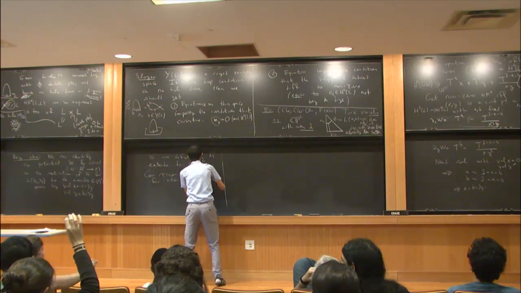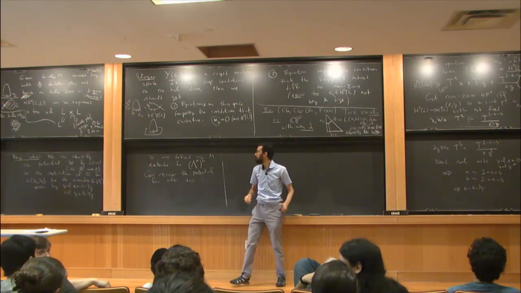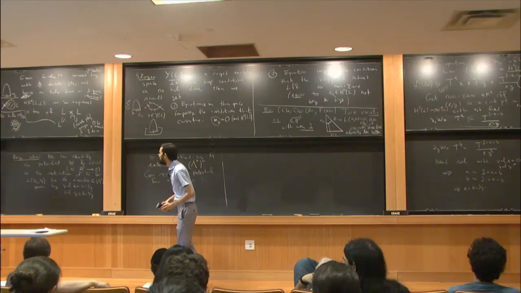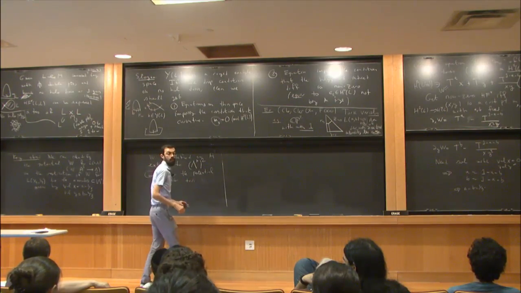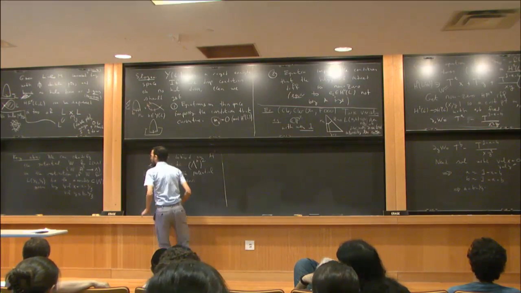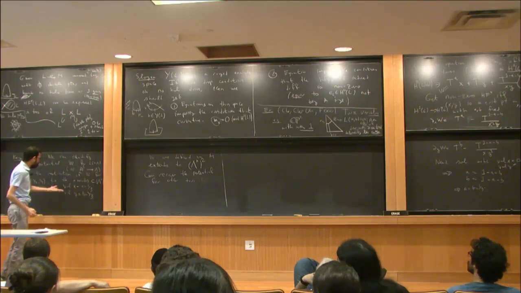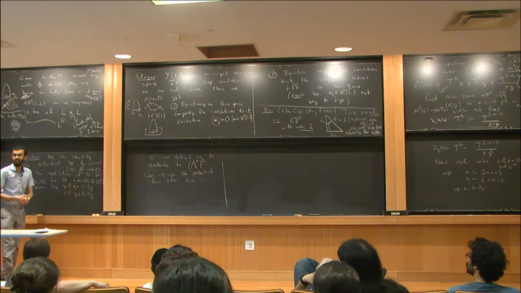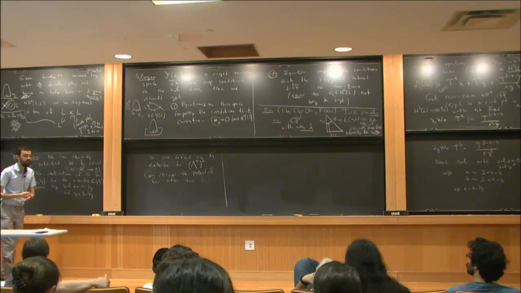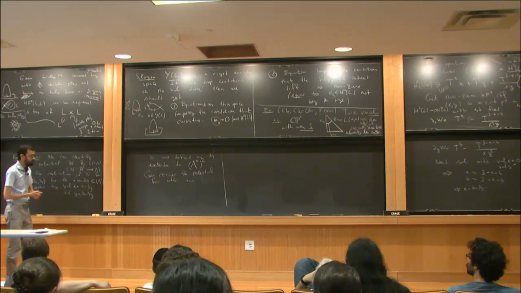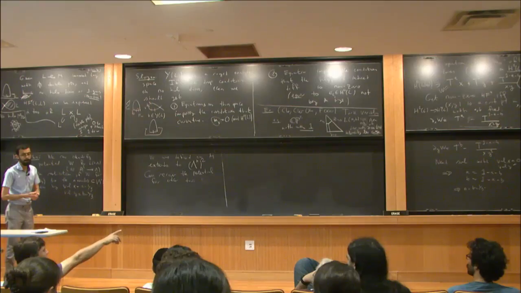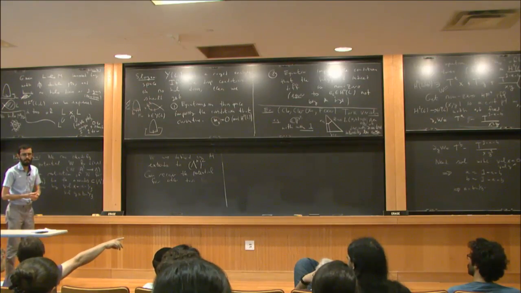Question? Yes? Why does valuation x equals a minus current, valuation y equals b minus current, give you an annulus? Well, valuation A equals 0 gives you an annulus, by definition, that's how we define the annulus. Because A and B are also restricted by A plus B less than or equal to 1.